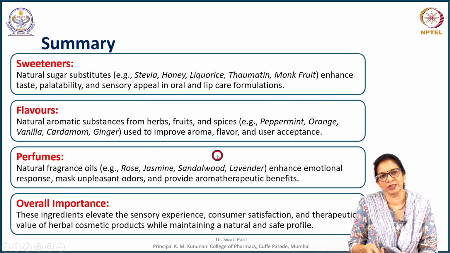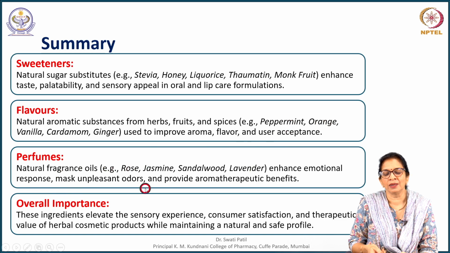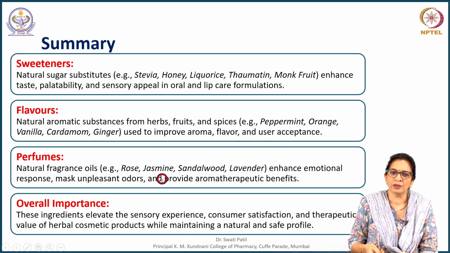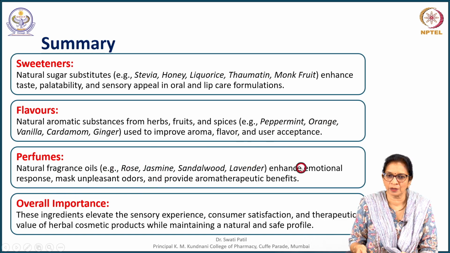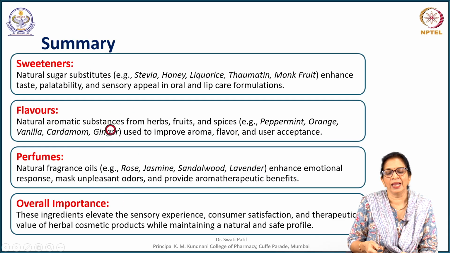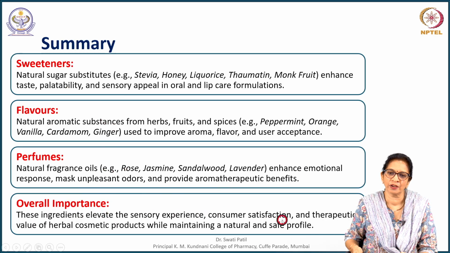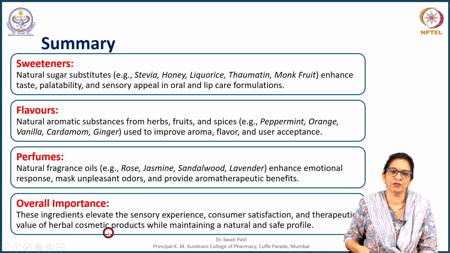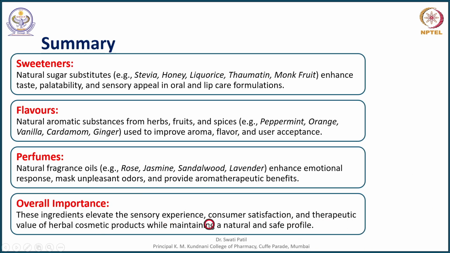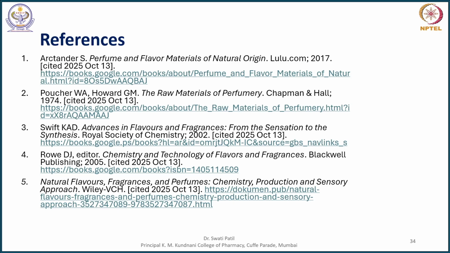Perfumes like rose, jasmine, sandal and lavender mask unpleasant odor and provide aromatherapeutic benefits. So, the overall importance of all three is to elevate the sensory experience, consumer satisfaction, therapeutic value of herbal cosmetic products while maintaining a natural and safe profile.